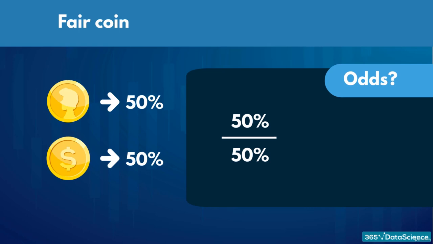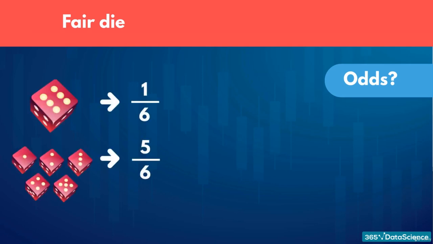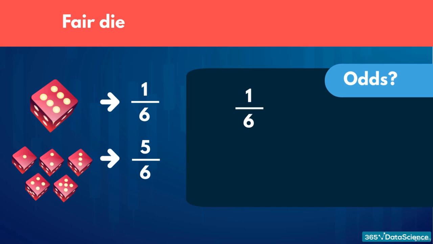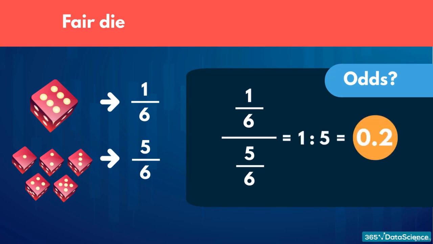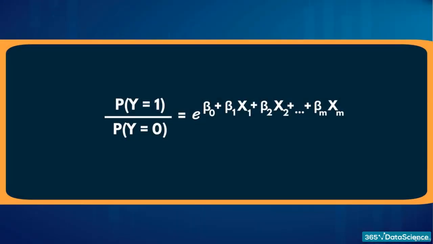That's 50% to 50%, or better, 1 to 1. What about a fair die? Obviously, I want to find the odds of getting a 6, so the odds are the probability of getting a 6 to the probability of not getting a 6. 1/6 divided by 5/6 equals 1/5. So the odds are 1 to 5, much like the odds bookies give. Okay, we're ready to go back to the logistic model.